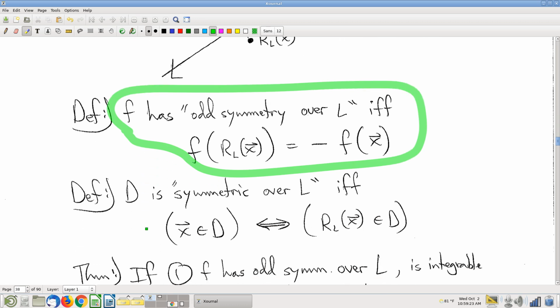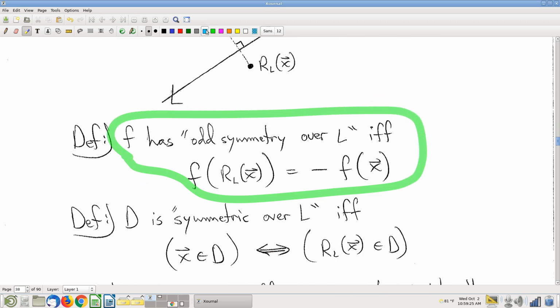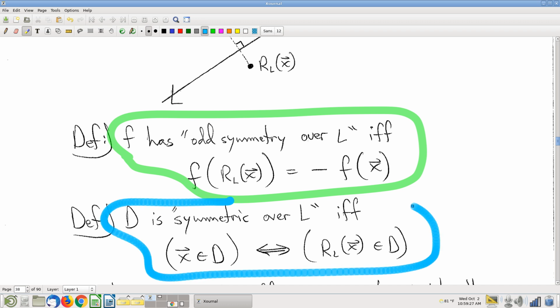Next, what does it mean for a domain to be symmetric? Well, just like in the single variable case, a domain is symmetric if whenever you have a point in the set, its reflection is also in the set. It's kind of like a Rorschach test: if you're over here, then all of its reflections have to be there as well.